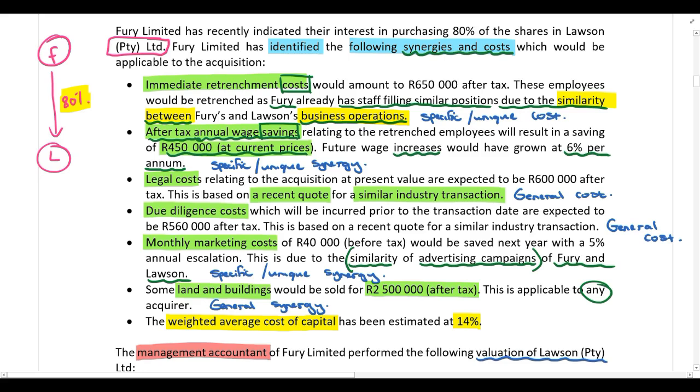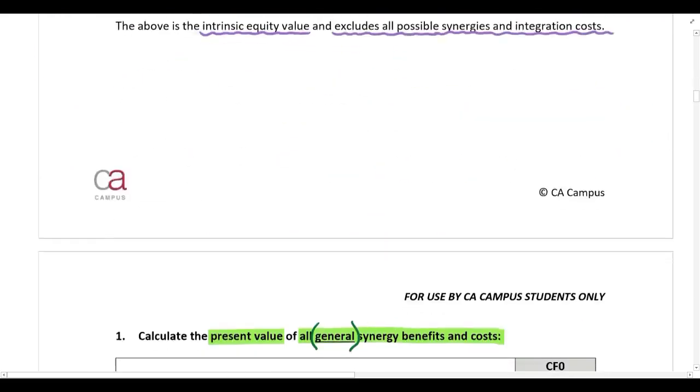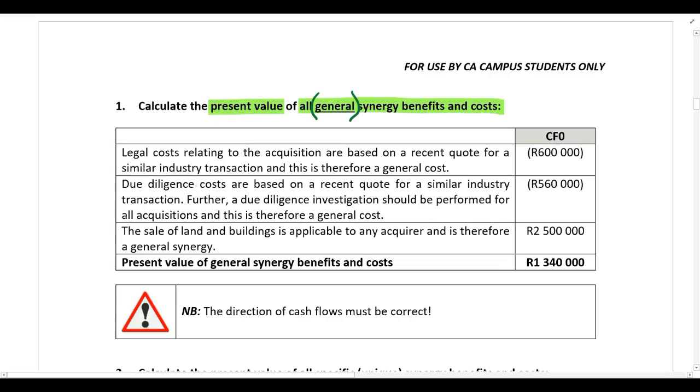So the first general cost that we had is the legal costs relating to the acquisition, at present value expected to be 600,000 Rand after tax. So you have already been given the present value and the amount is after tax. So you can just take that amount, that is the present value today, it is already after tax, so it's cash flow 0, and those are your legal costs. And that was a general cost.